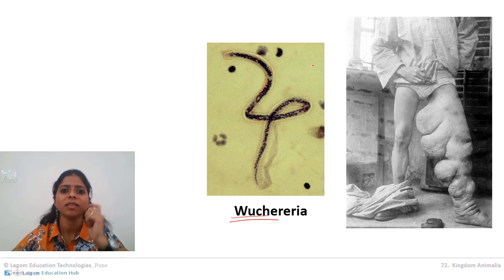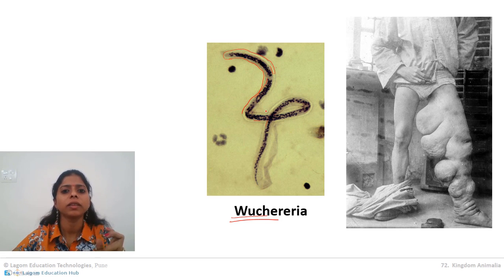Now only one characteristic remains to be discussed in these animals. See, this animal has a very tough outer covering. What is the outer covering of the animal called? Cuticle. And this cuticle of any nematode, whether it is Ascaris, Rhabditis, or Wuchereria, is very tough in everyone.